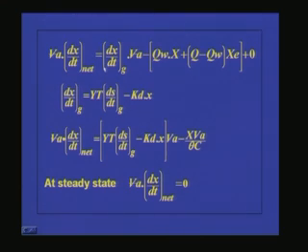The mathematical expression is: Va, the volume of the aeration tank, into dx/dt, the net change in microbial concentration, is equal to (dx/dt) gross into the volume of the tank, that means whatever is generated in the system, minus Qw into X plus (Q minus Qw) into Xe.